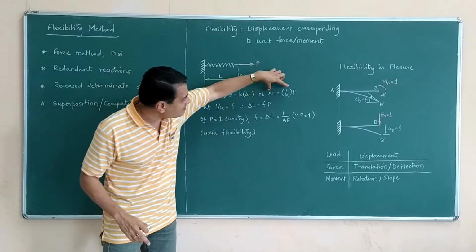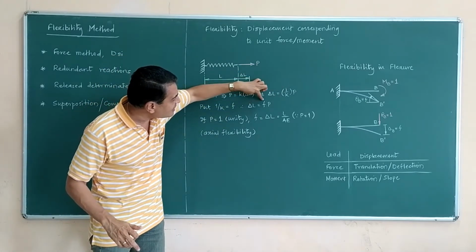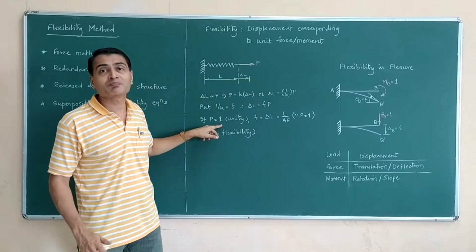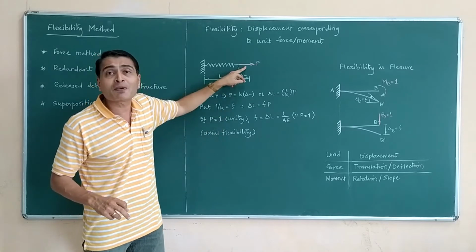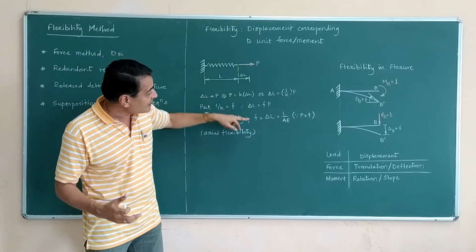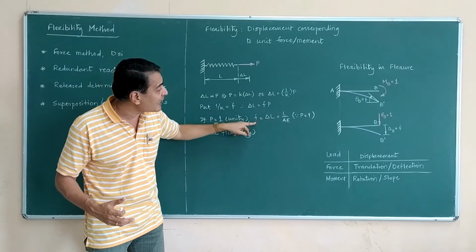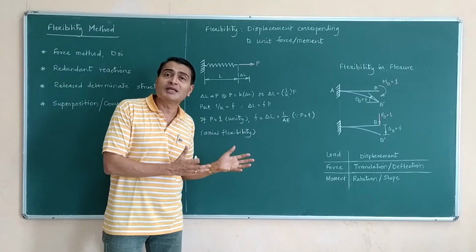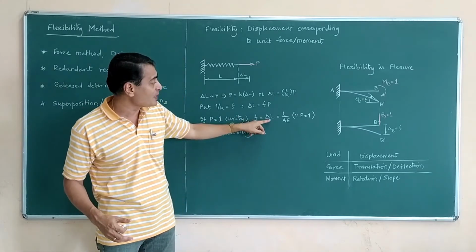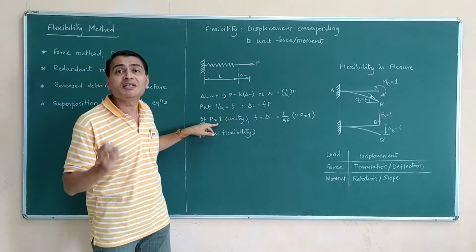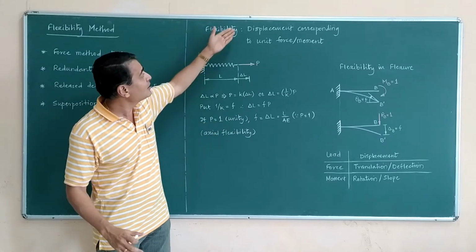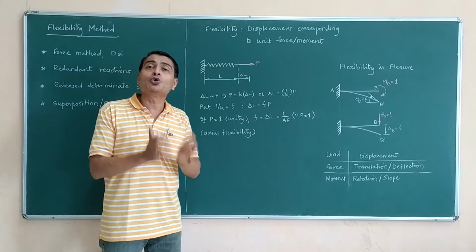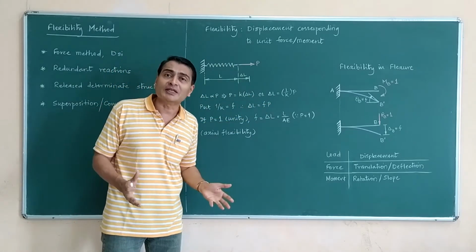Just observe the same equation becomes delta L is equal to f into P. Now if P is 1, that is if we are discussing this applied force to be unit, then I get f is equal to delta L. And that is by definition I am calling this as flexibility because it is displacement corresponding to unit action. I repeat, displacement due to and corresponding to a unit action is called flexibility.